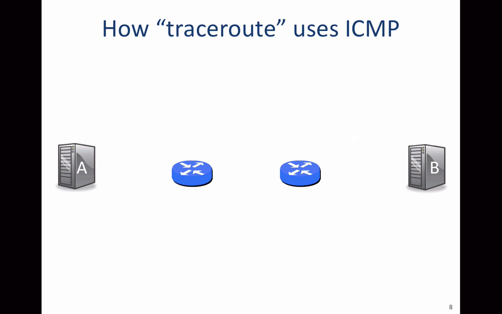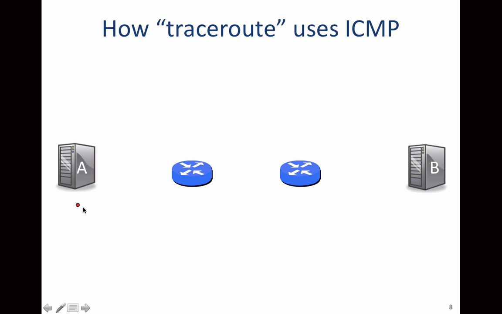So the goal here of traceroute is to find the routers on the path from A to B. So it's trying to identify the 2 routers along the path and measure the round trip time of packets from A to each of those routers. So traceroute does this by sending UDP messages, and I'm first going to describe what it does, and then we'll see why it is that that works.